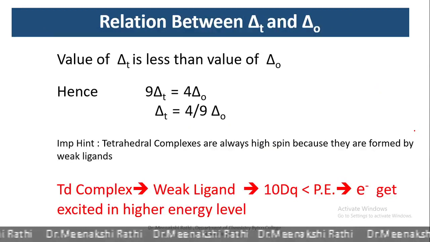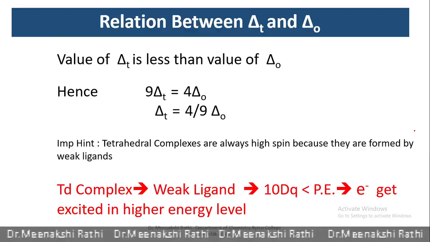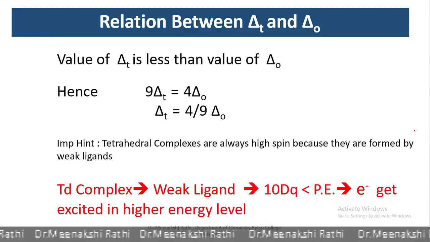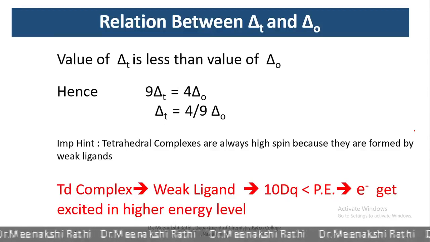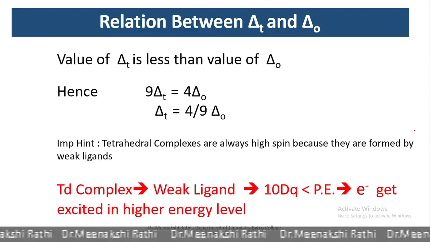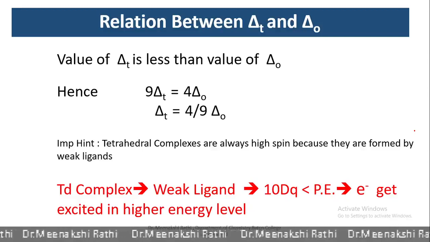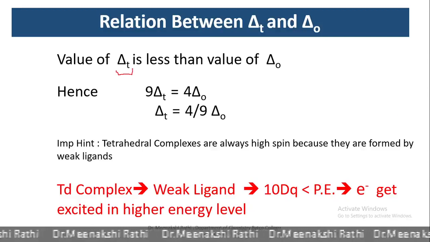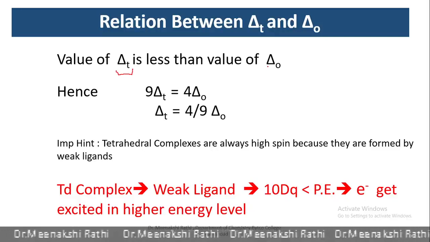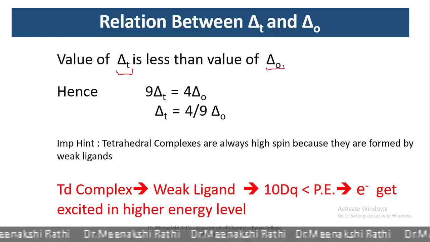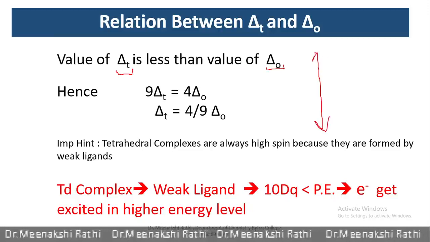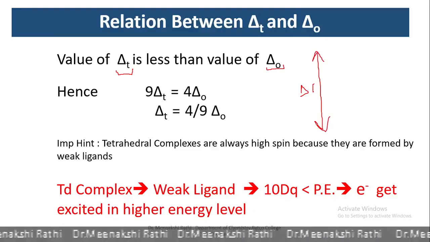The magnitude of crystal field splitting, delta T, in tetrahedral complexes is considerably less than in an octahedral complex. We know that crystal field splitting in tetrahedral complexes is delta T and in octahedral complexes is delta O. But the splitting distance in delta O is greater.